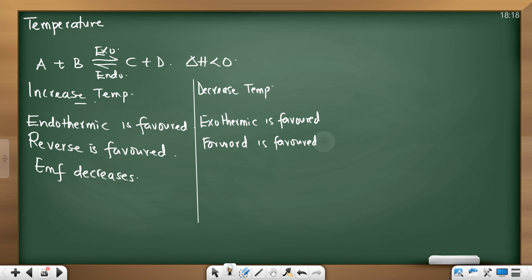And what happens? EMF will increase. All right, lovely. I've already answered the question we were answering, so this is just to elaborate for other questions. After this, we answer rate of reaction, and then we will be good.